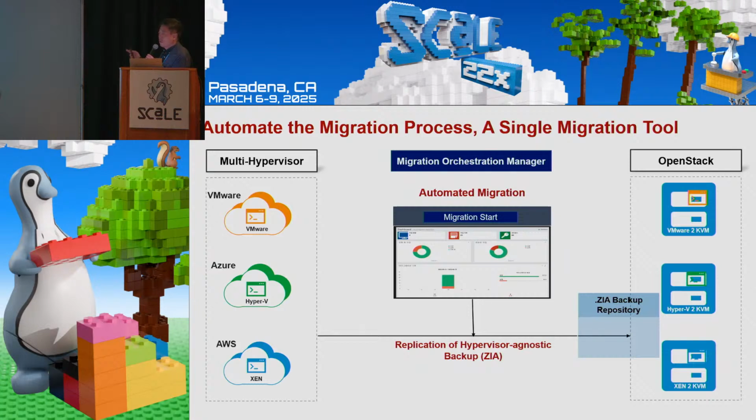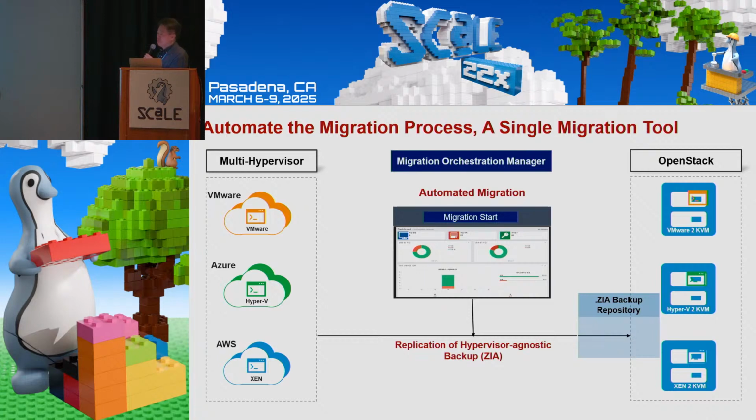Third capability is to estimate the migration time. The fourth capability is to automate the migration process by utilizing OpenTofu or Terraform automation script. Number 5, I'll show you on the next slide: flexible move in, move out capabilities of virtual machine.